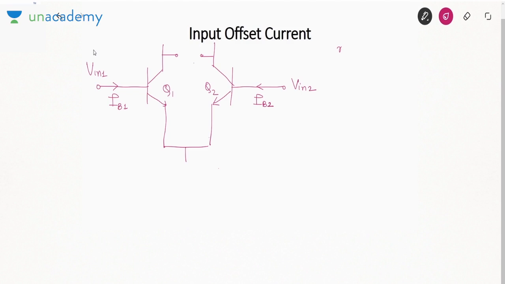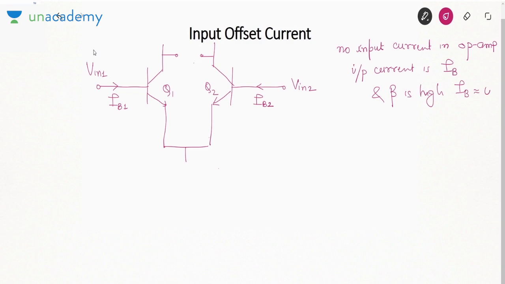One thing that I told you is there is no input current in the op-amp. Why I told you that is because the input current is the base current IB. If the input current is the base current and beta is high, then this IB is approximately 0.